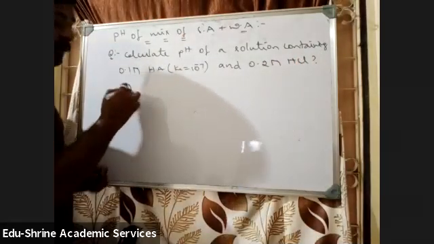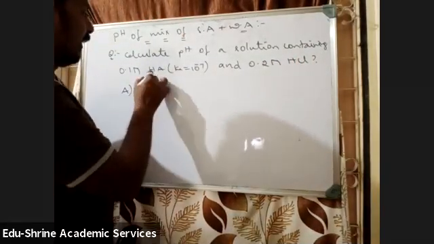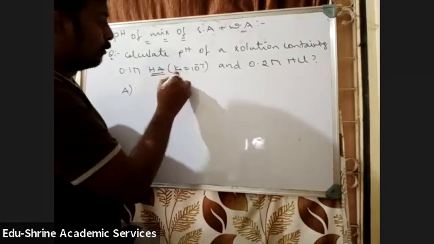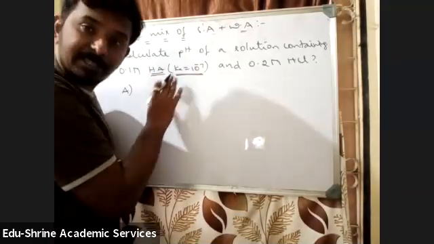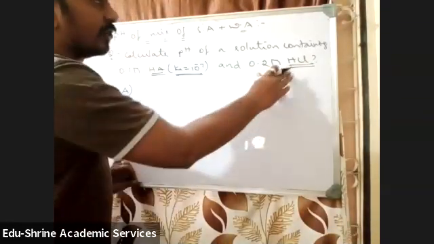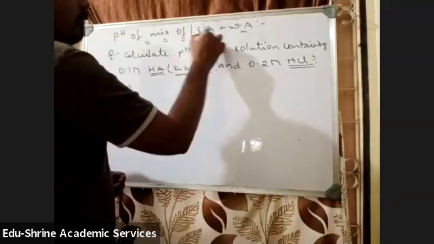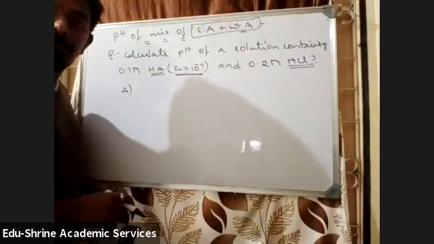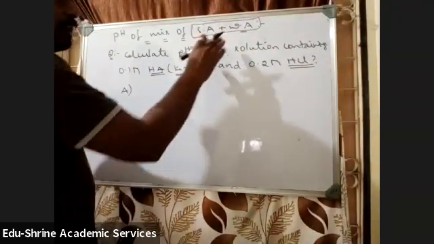If you see this question, HA is one acid whose Ka value is given. That means this is weak. And there is another acid whose Ka value is not given. That means it is strong. So it is a question belonging to strong acid and weak acid. So for that, what is the condition?